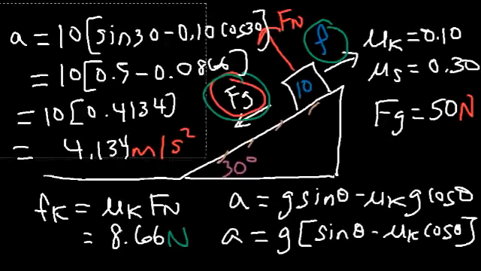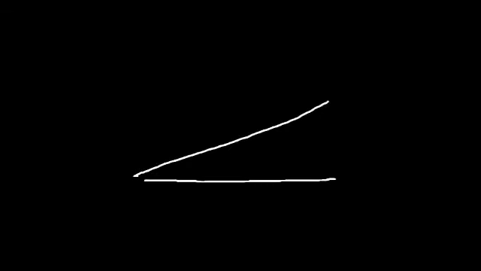Now let's say we have another incline and a box is placed on it, and we have an angle theta. At what angle will the box begin to slide?